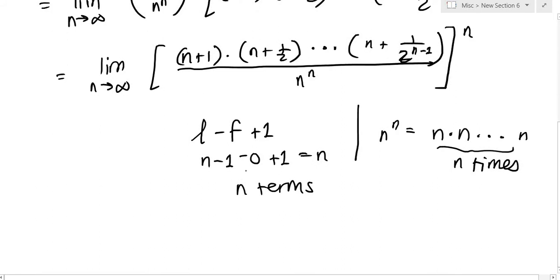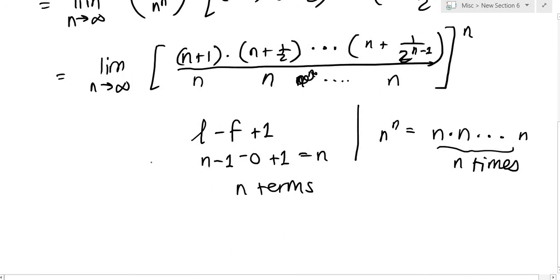So if there are n terms and n n's, why don't we distribute each n per term? So one term will have one n. So we can have an n here, for example, an n here, and then an n for the last term.